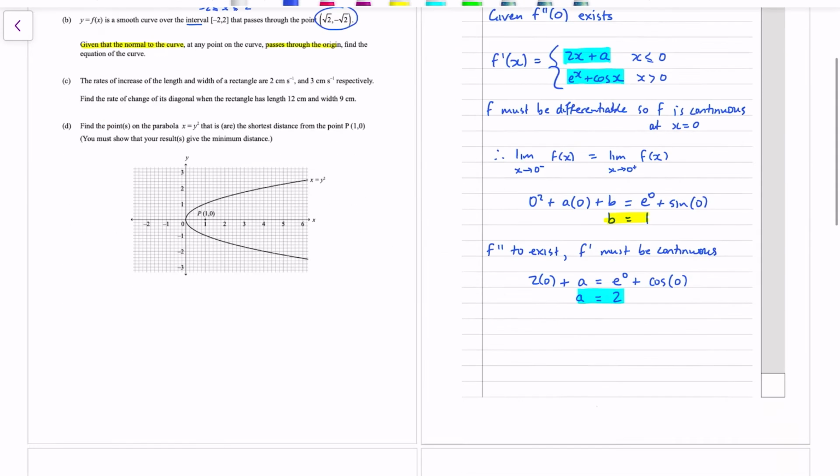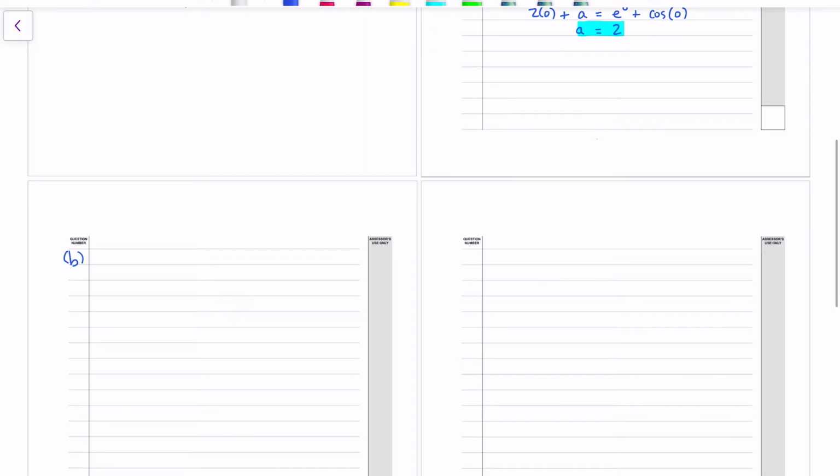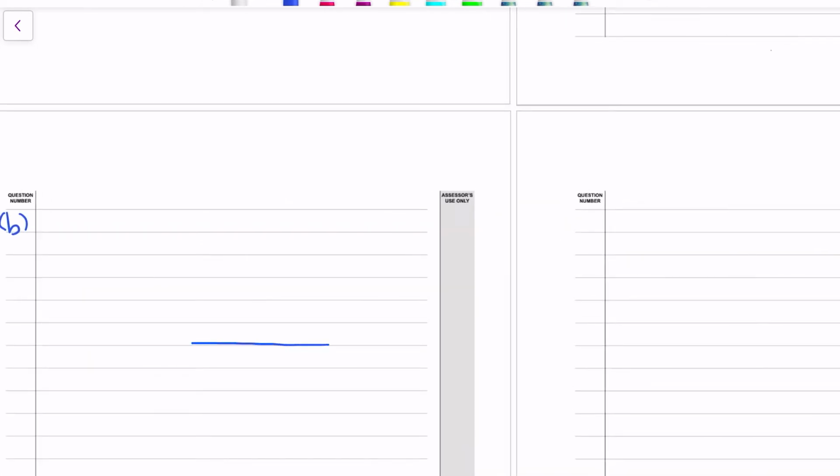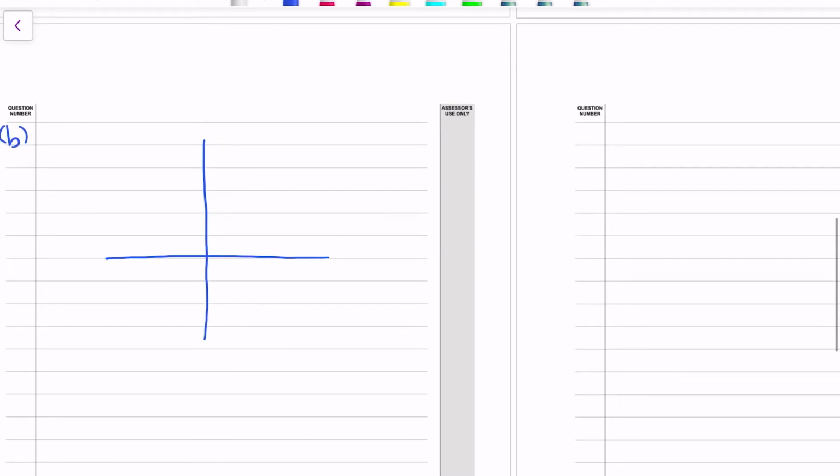If we think about what this curve looks like, the first thing is it passes through this point (√2, -√2). Okay, so √2 there, -√2 there. So it passes through this point, and we've got some sort of curve.